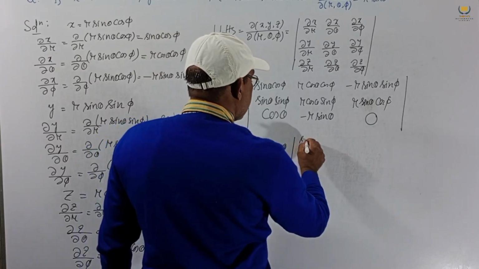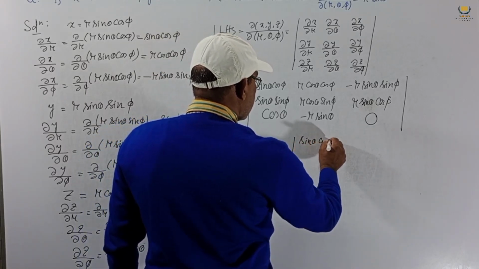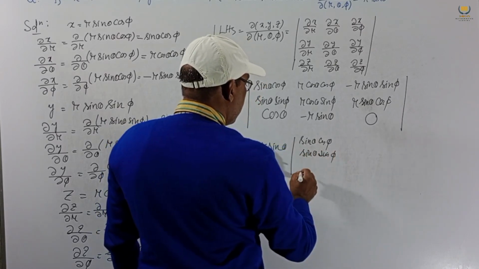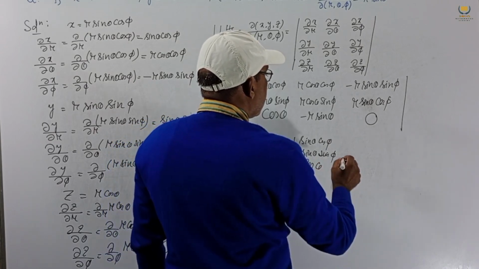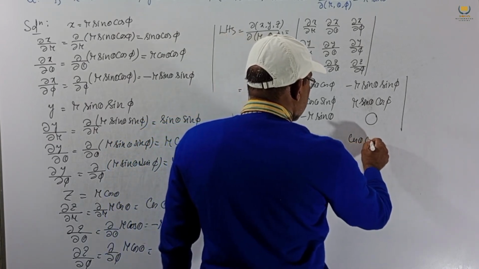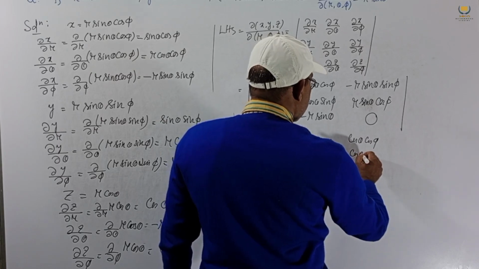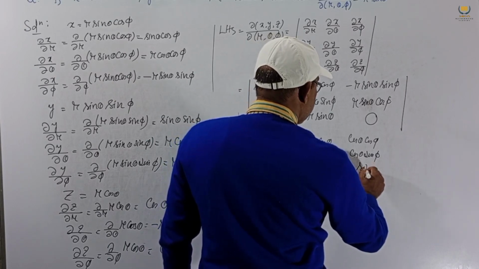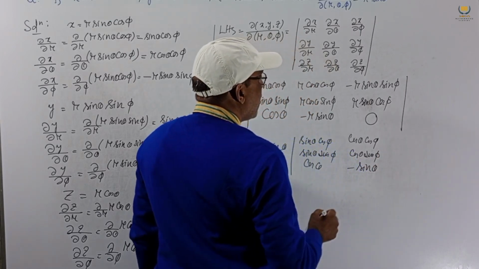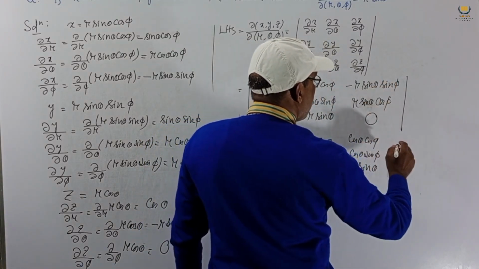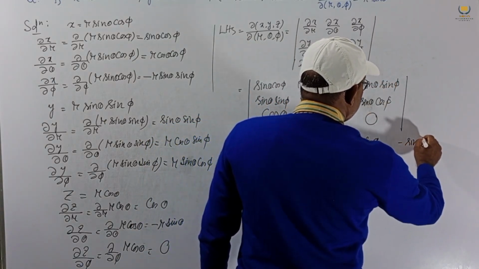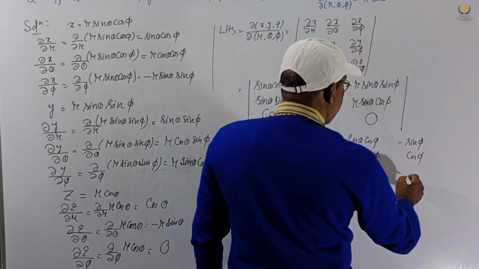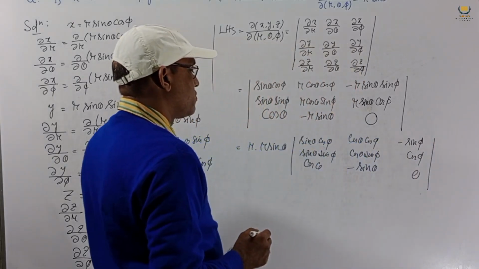We get the determinant with rows: sin theta cos phi, cos theta cos phi, minus sin phi; sin theta sin phi, cos theta sin phi, cos phi; cos theta, minus sin theta, 0.